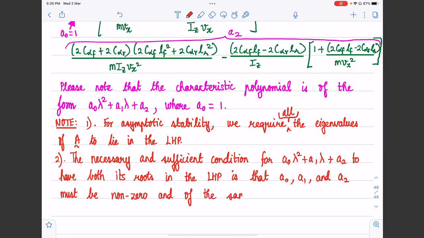That is the necessary and sufficient condition for stability.